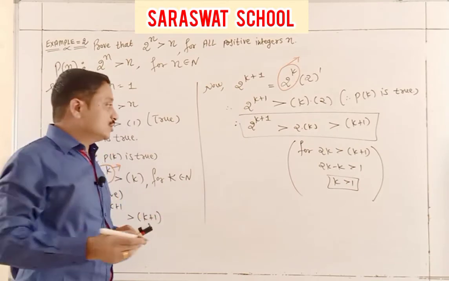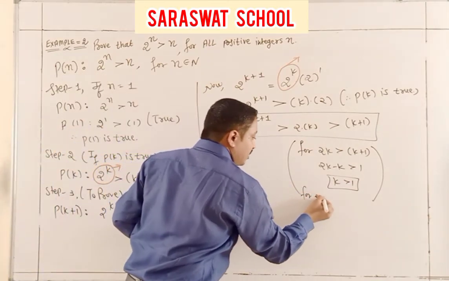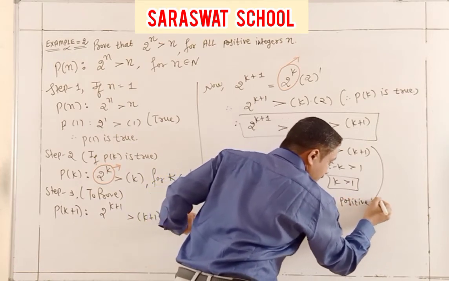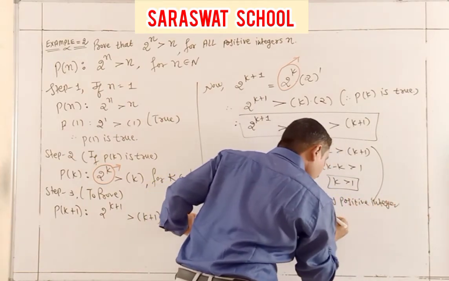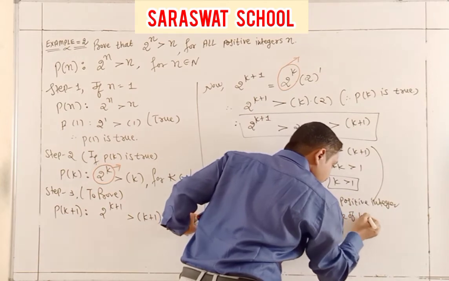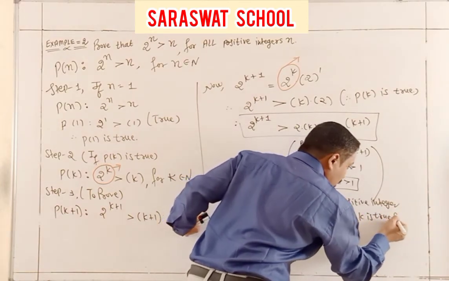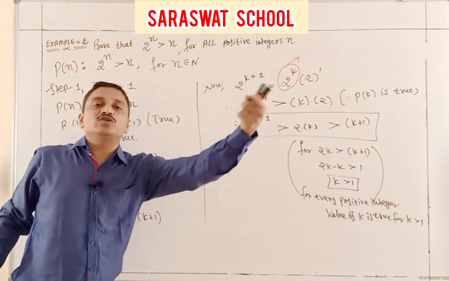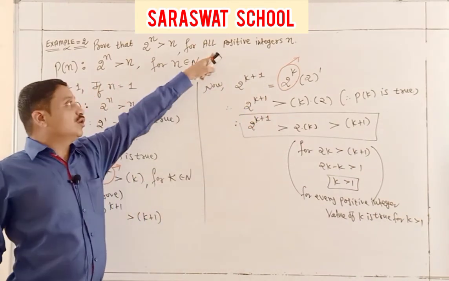Yes, it is true. So for every positive integer, the value of k is true for k more than 1. Yes, more than 1 going 2, 3, 4, 5. It is true for every positive integer.